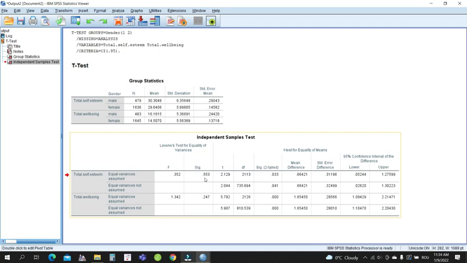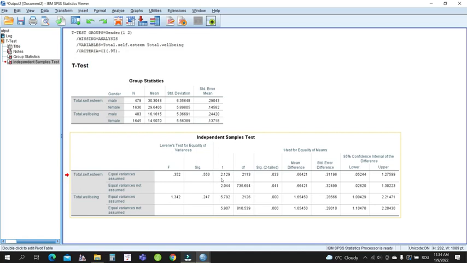So in our case, we don't have significant differences in variance, which means that we can assume equal variances. Consequently, in our table, we shall interpret the results of the t-test corresponding to equal variances.